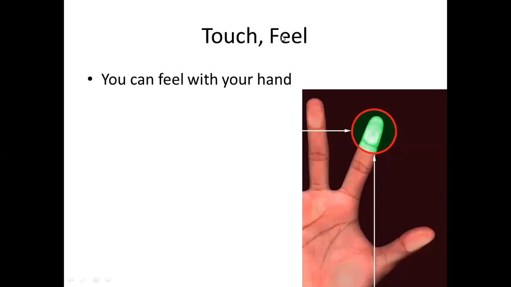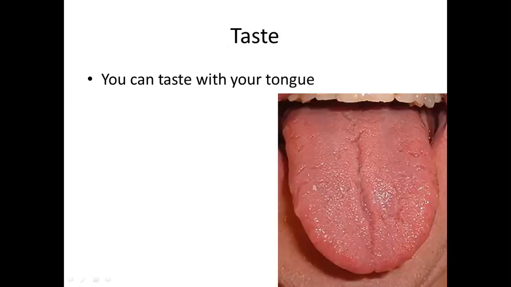Touch or feel. You can feel with your hand or your skin. You can taste with your tongue. How can we taste food? We can taste our food with the help of our tongue, whether it is sweet, bitter, spicy, or salty.